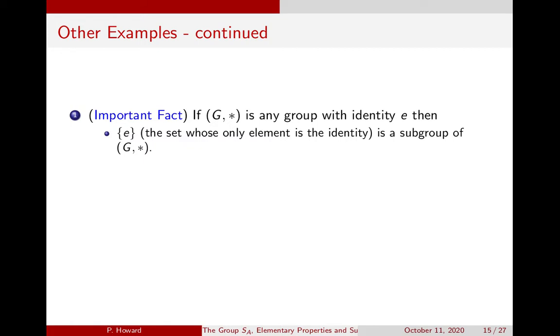It's closed under star because if you take two things out of this set, the only choice would be E, and combine them using star, you will get E, which is back in the set, and the inverse of E is E, which is still in this set.